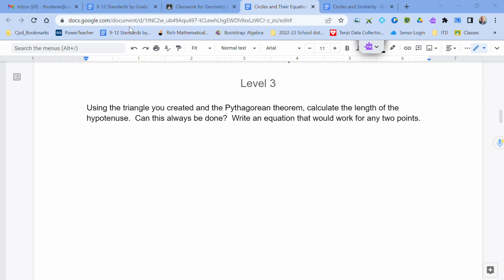That's level 2. And level 3, you would use Pythagorean theorem, right? And so Pythagorean theorem, I'll put some text in here. You've got to make sure you understand that.